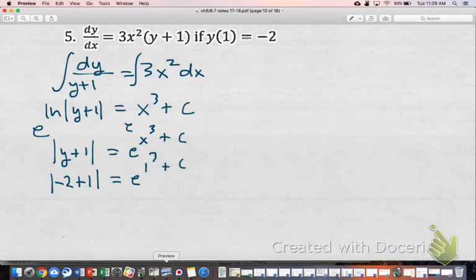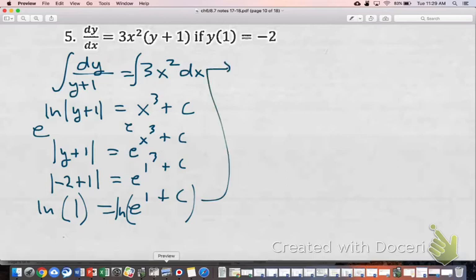So negative 1, absolute value of that is 1. This would be e to the 1 plus c, right? So then to handle this, to get the c out of the exponent, we need to do ln of both sides. So ln of this side, ln of that side. That would give me 0 equals 1 plus c, negative 1 equals c.